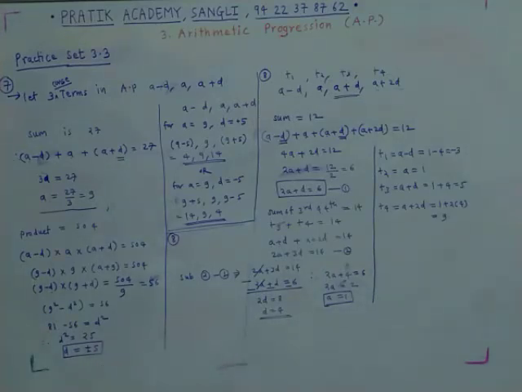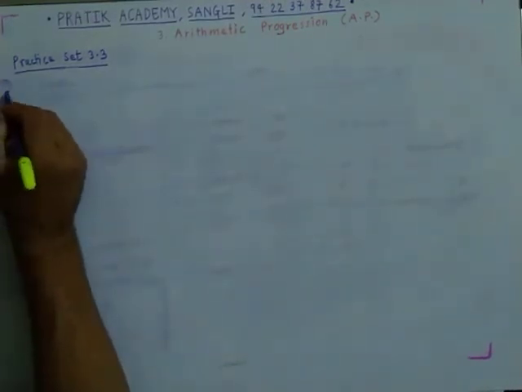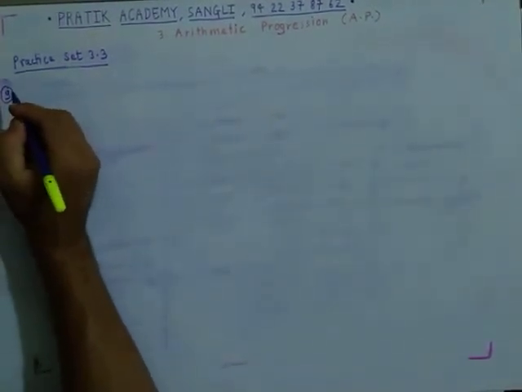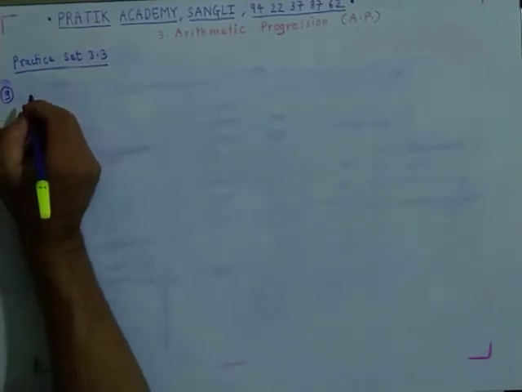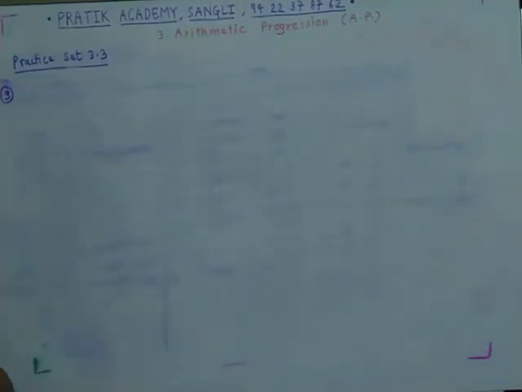Okay, the next problem, number 9, the last one. If the ninth term of an AP is 0, show that the 29th term is twice the 19th term.